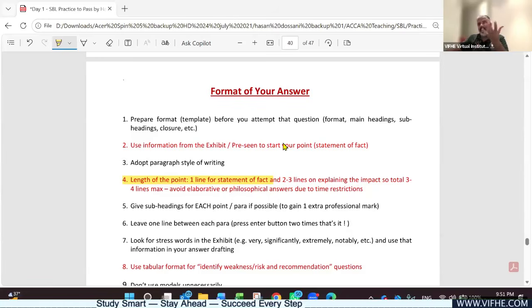Statement of fact should not be more than one line. And then two or three lines on explaining the impact. So one line statement of fact and two or three lines elaborating on that point. So the total paragraph should be 3 to 4 lines max.